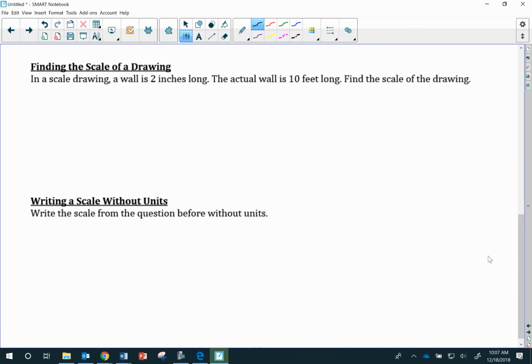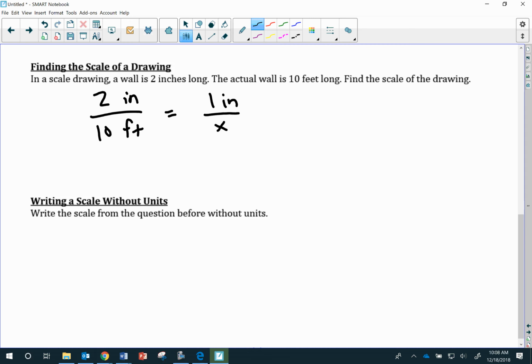All right, the next part says finding the scale of a drawing. So in a scale drawing, a wall is 2 inches long, and the actual wall is 10 feet. So we're trying to find the scale here, whereas in the previous one, we were given the scale. So we have 2 inches to 10 feet, and we want to know how much 1 inch is to how many feet.